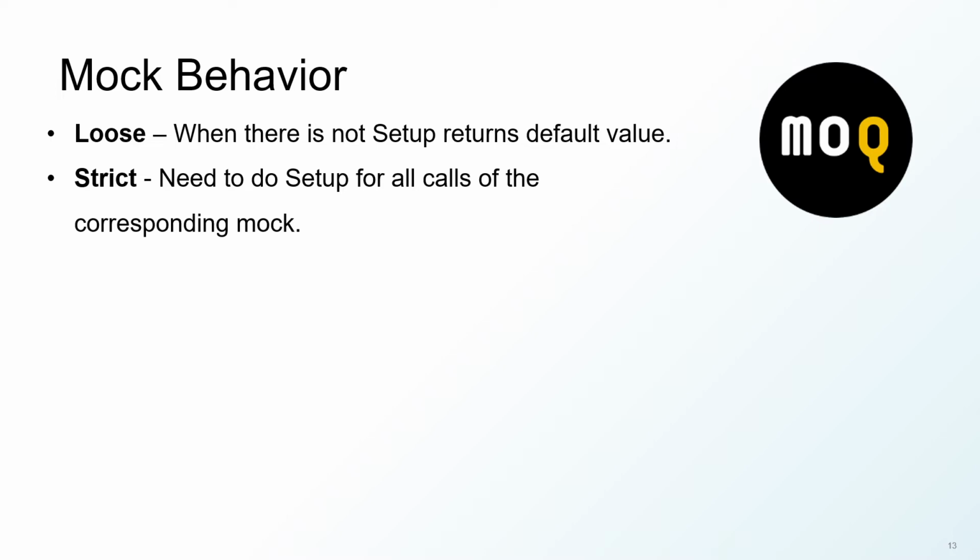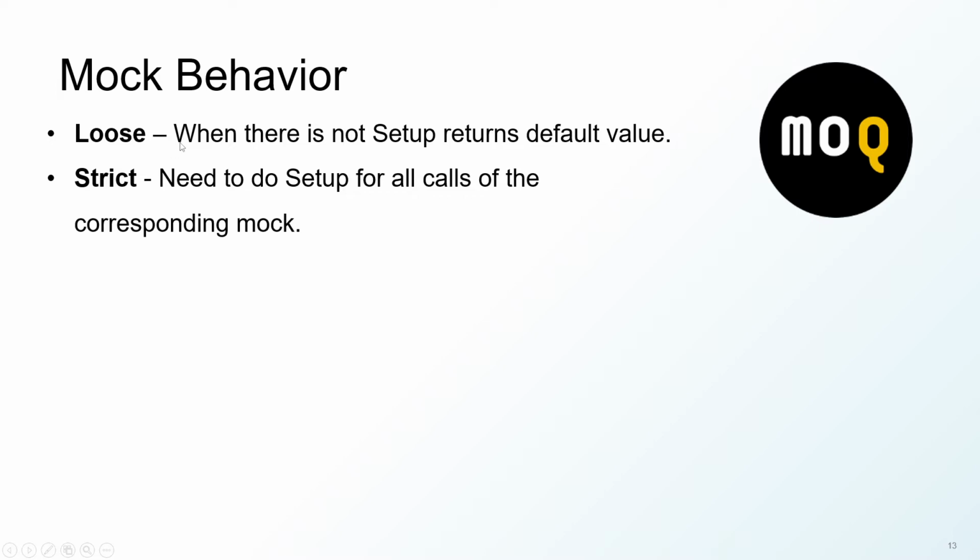If you do not do the setup, in the case of loose, it will create the setup automatically for you. So for example, if you alter this function and add another call to another function of that mock, loose behavior will keep the unit test running. So this is not very good.